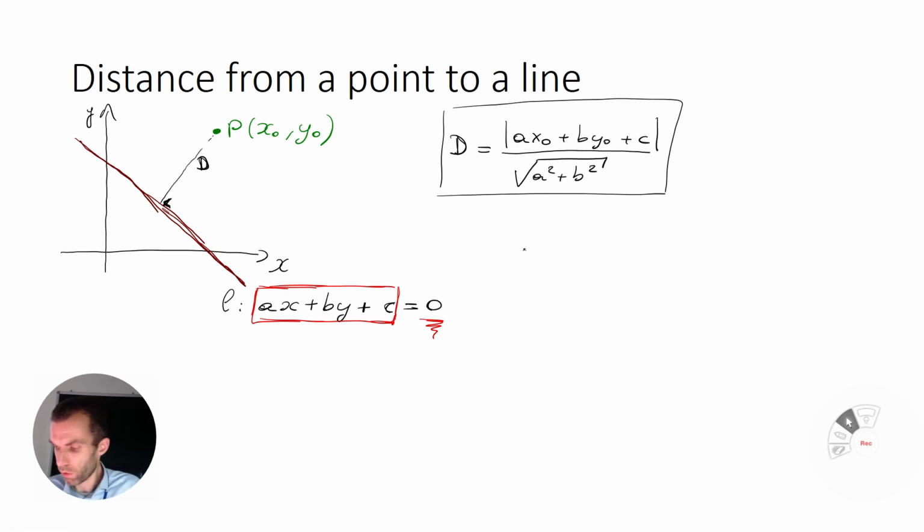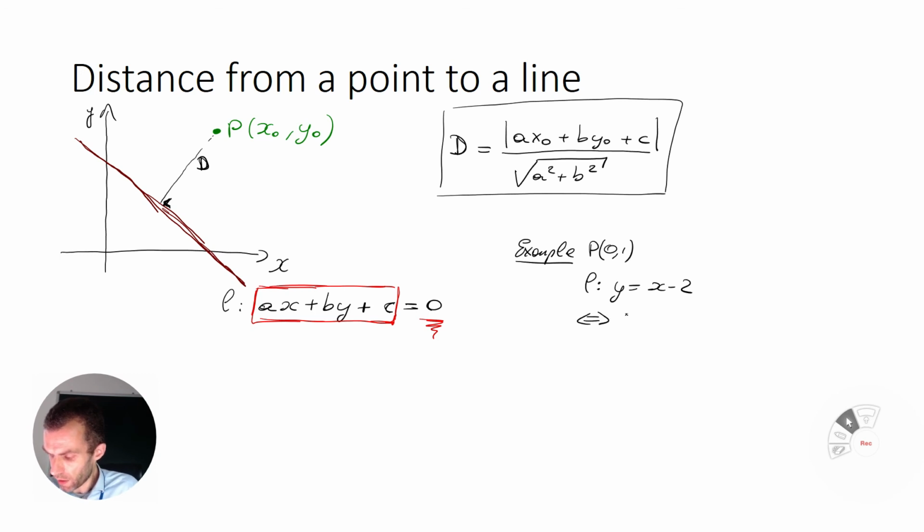So let's do a very quick example. Let's say our point P has coordinates (0, 1), and our line has equation y is equal to x minus 2.